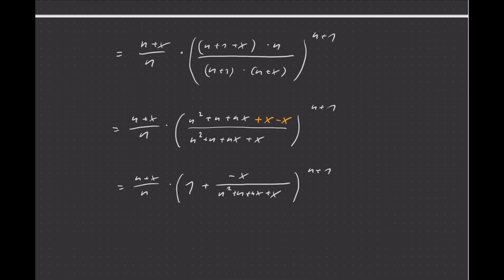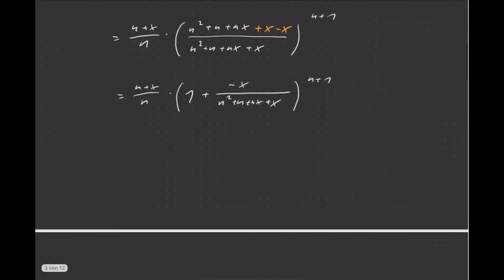Now why did we do that, you might ask? The reason for that is we want to apply an inequality now, one that we've talked about in the very beginning. We want to apply Bernoulli's inequality.